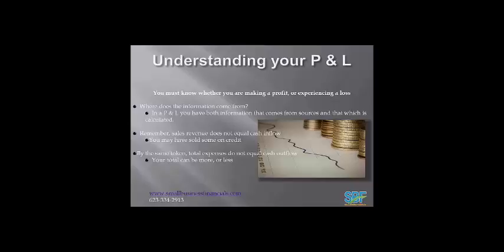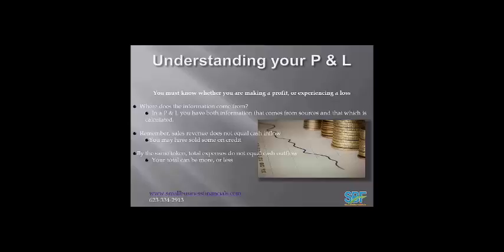Your sales revenue enters from your sales journal, and if you're using QuickBooks or one of the other accounting programs, Xero or one of the other ones, it's going to be seamless. It'll come right from the sales journal, from your entry there, and flow into your P&L. This also is true with all of your expenses.